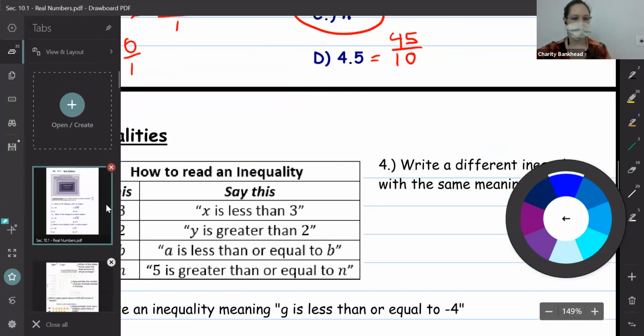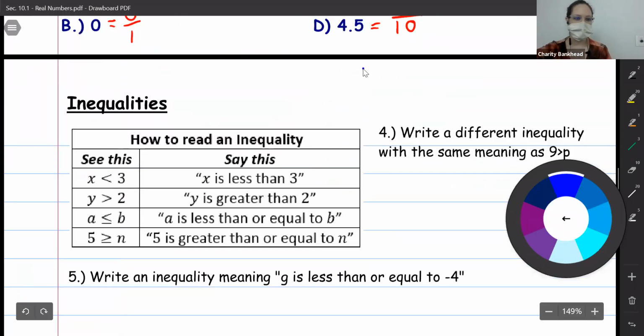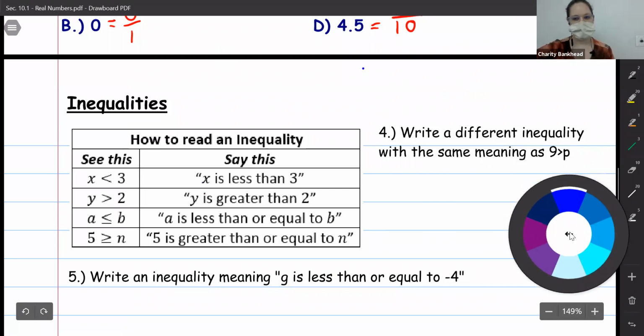So page 2 of 10.1 is about inequalities. It's just a really brief introduction to the concept of inequalities and knowing what the symbols look like and how to read them.